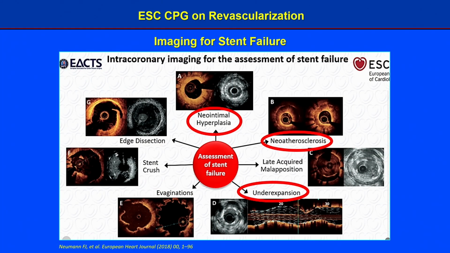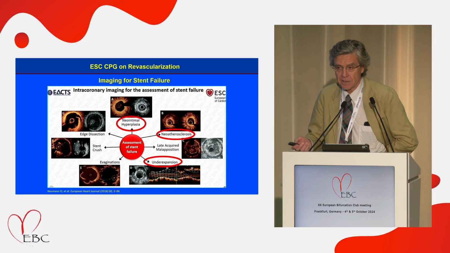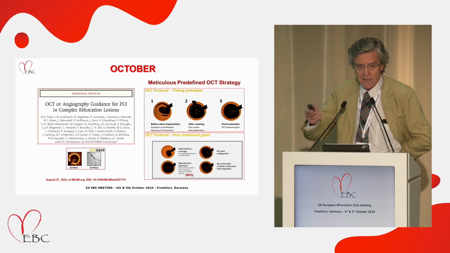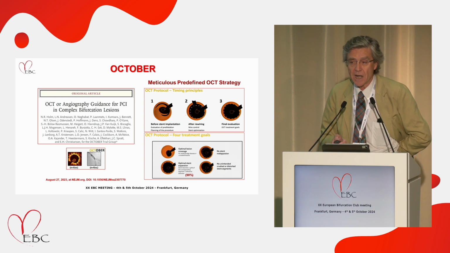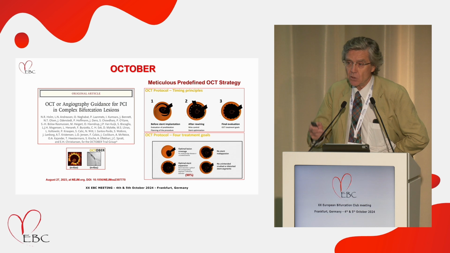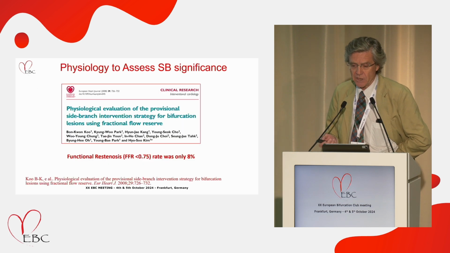Again, going to the guidelines, we recognize that OCT or IVUS is of major value every time we're facing a patient with stent failure, either stent thrombosis or ISR, and as mentioned by Chema, the OCTOBER trial suggested that coronary imaging can be of major value in bifurcation, even though the 001 lesions that we are dealing with today were excluded from this trial.